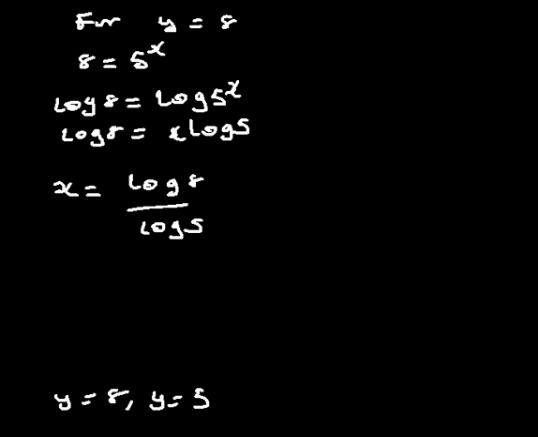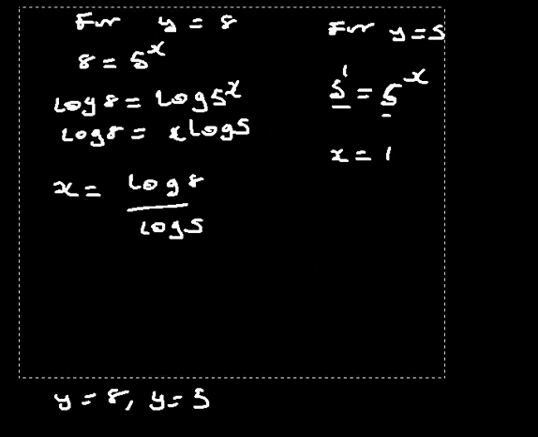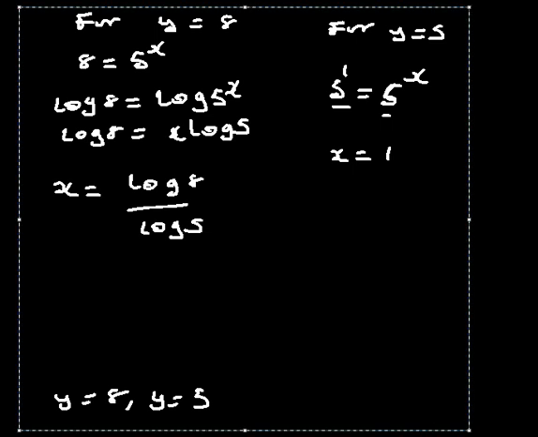Using the other value, y equal to 5, we have 5 equal to 5 to the power x. In this case, since the bases are the same, you just have to equate the powers, so x is 1. No need to use the log there, because we can use the exponential technique to solve for x.